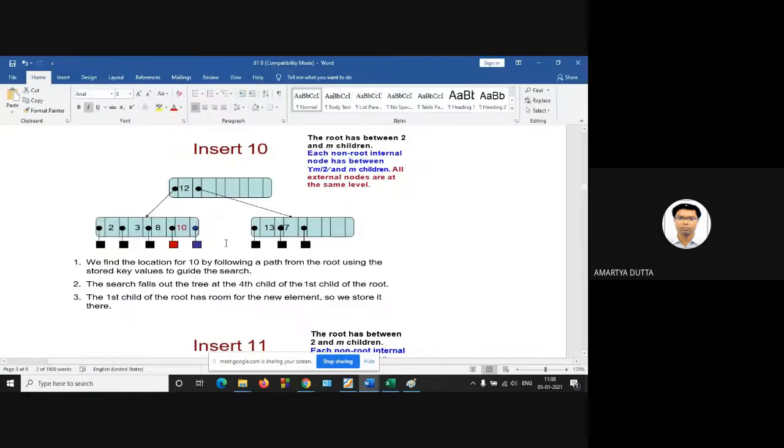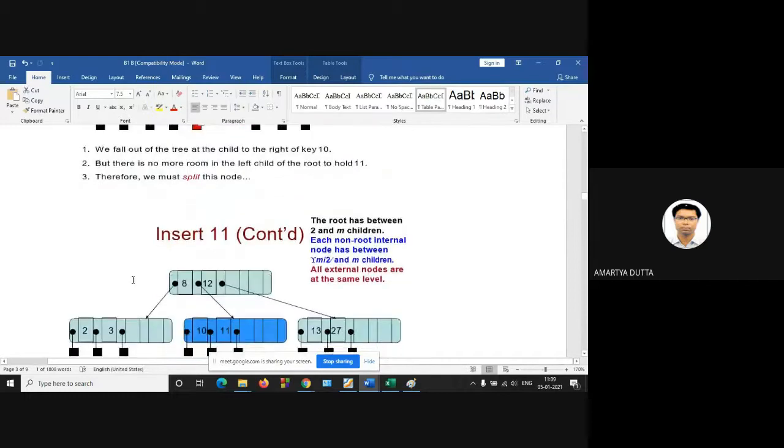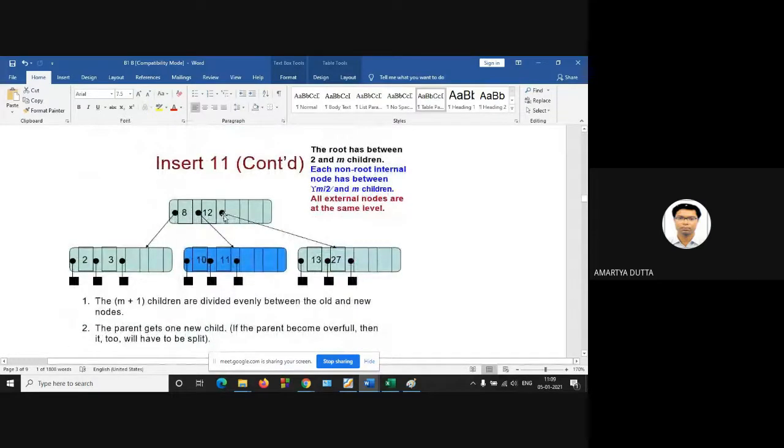So the new picture is: insert 11. So 11 will be there. Is it visible to you? Yes, it's visible. Now this 8 will be split up. So 8, 12.